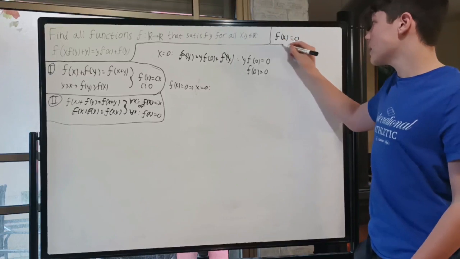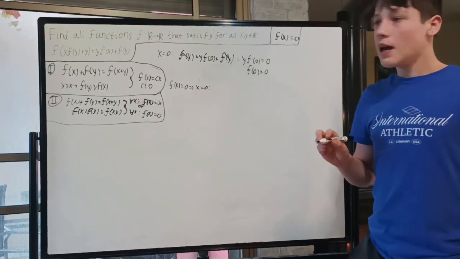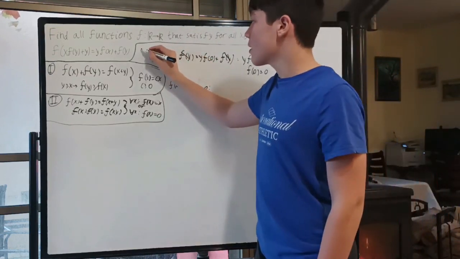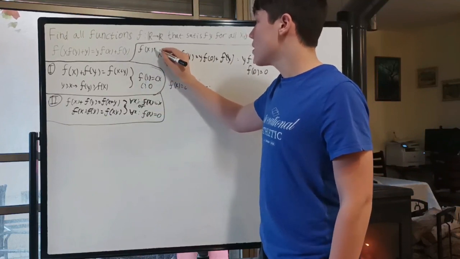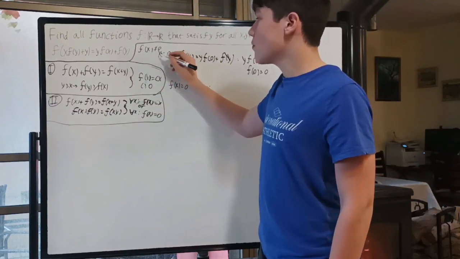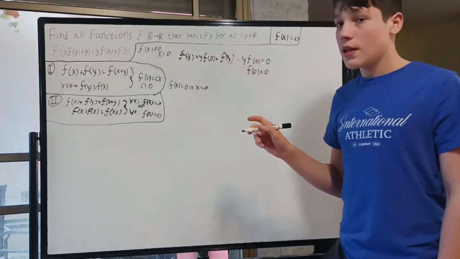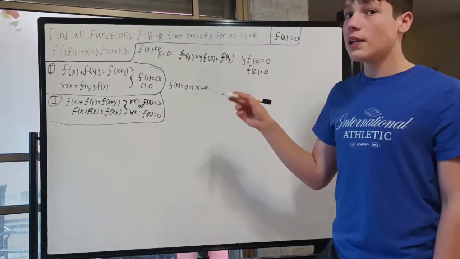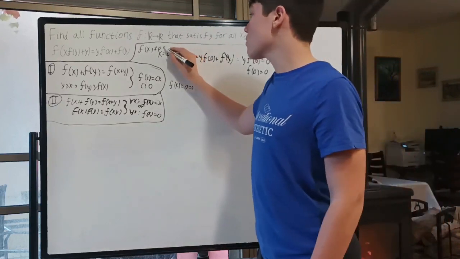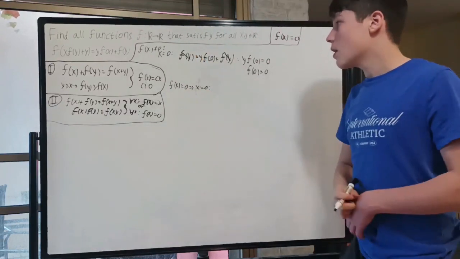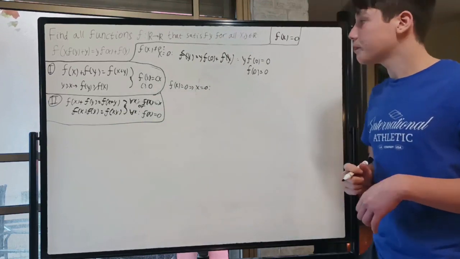So this is immediately a solution. So now consider the case where f of x is not 0 for all x. Okay, so there exists some value x such that f of x is not 0. That's the case we're looking for.